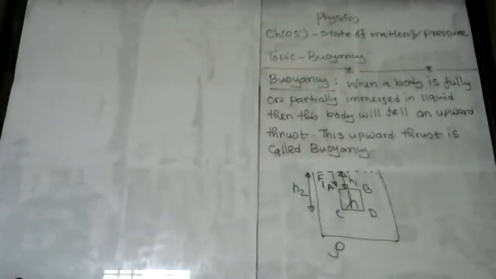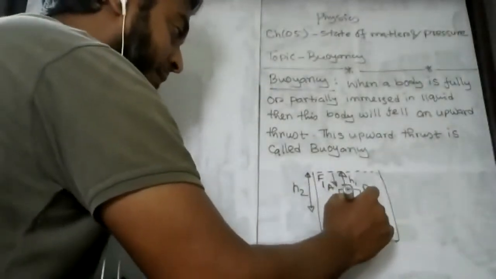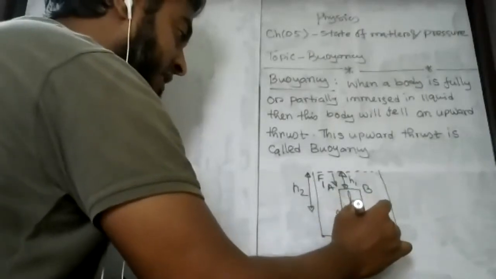The liquid which stays at the upper surface of the cylinder can apply a downward thrust on the cylindrical shaped body. And this F1 is nothing but the downward force. Now, my dear student, the liquid that stays at the bottom surface of the CD can apply an upward force, and this upward force will be equal to F2.